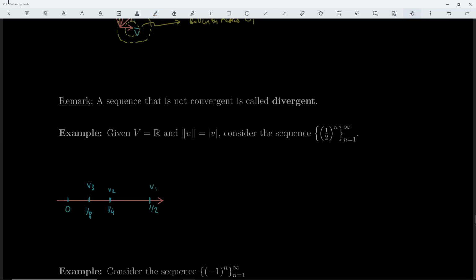In order to show that the sequence converges to 0, if I give you an epsilon interval around 0, you should be able to tell me a number N such that for all the integers greater than N, the vector falls into that epsilon radius. So let's also plot this epsilon radius.